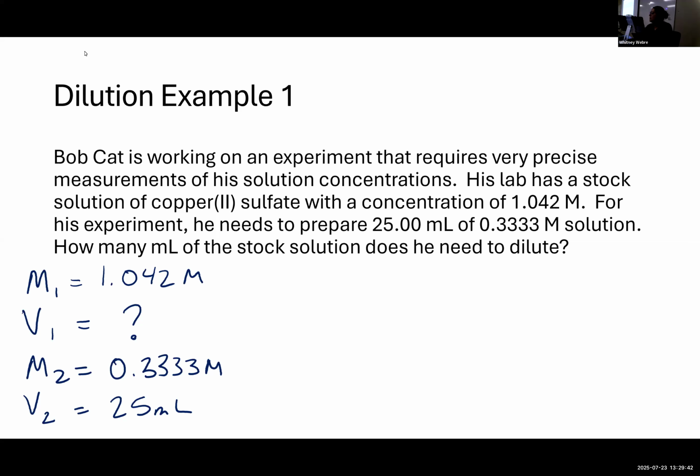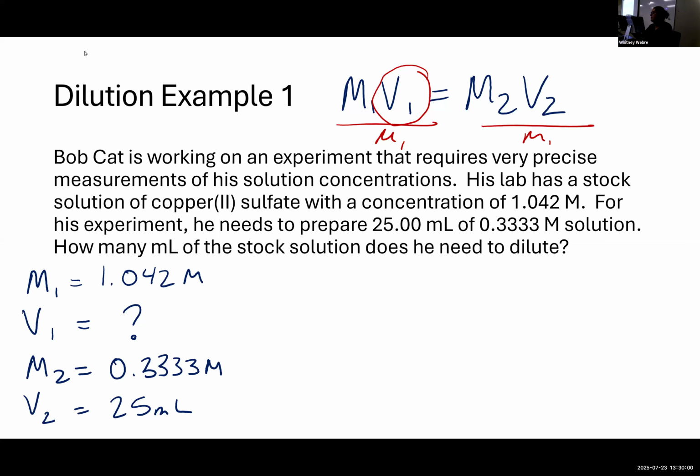E is equation. So M1 V1 equals M2 V2. R is rearrange. So if we're trying to figure out what is V1, what could I do to this equation to rearrange it? I can divide by M1 on both sides. So V1 equals M2 V2 over M1.